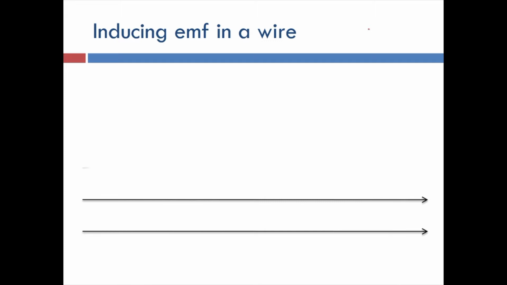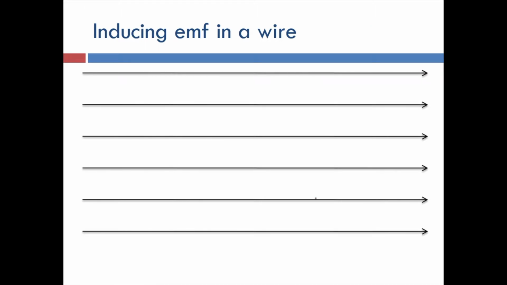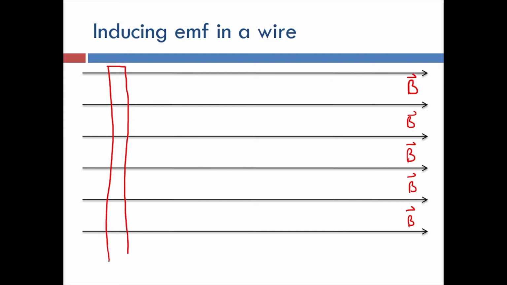Alright, so in order to induce the EMF, or to sort of visualize it a little better, here is our magnetic field. So these lines represent the magnetic field. And there's sort of a few ways we can induce this EMF, and that's what we're going to discuss now. So let us suppose we have a wire, and we have electrons in this wire, like so.